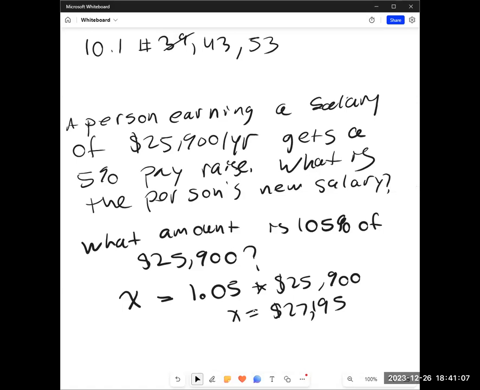Okay, another way that you could have done that is you could have just found what 5% was. That 5% of 25,900 is 1,295.